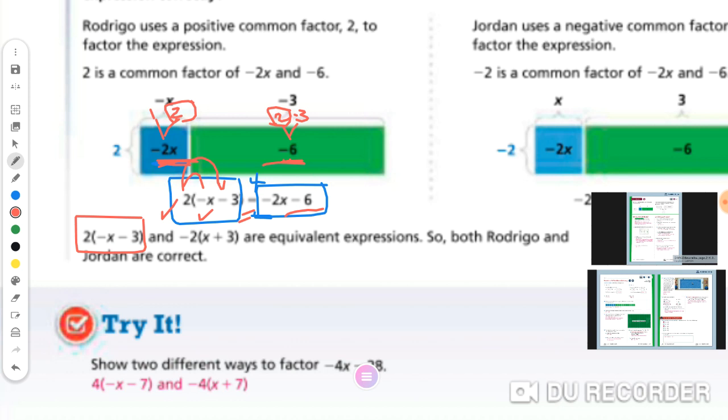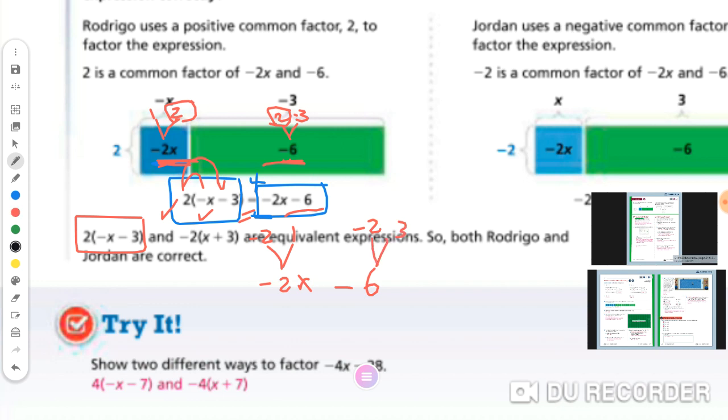Or we can take the negative out too. How? Actually, we can write negative 2x minus 6 with factors negative 2 multiply 1 gives you negative 2, and negative 6 can be written as negative 2 multiply 3.